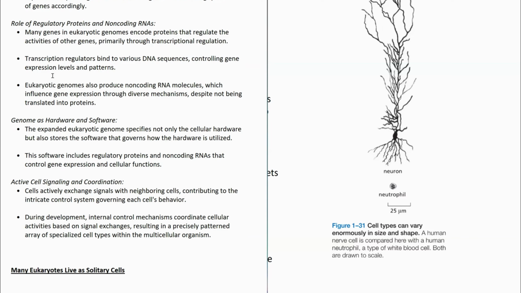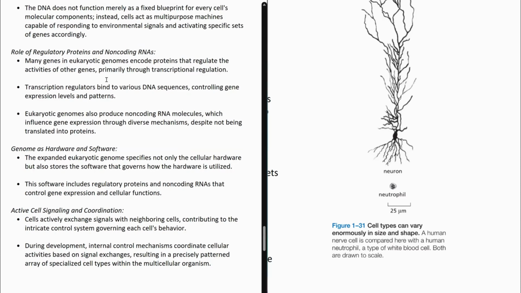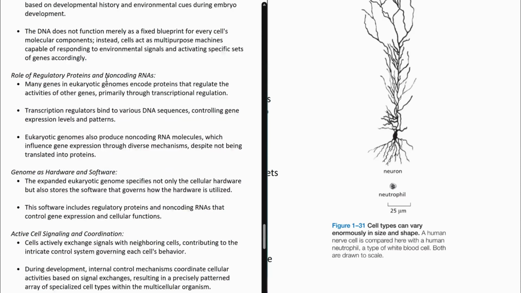Eukaryotic genomes also produce non-coding RNA molecules that can influence gene expression, even though the RNA molecule itself is not translated into a protein. So there are different ways in which you can regulate gene expression.